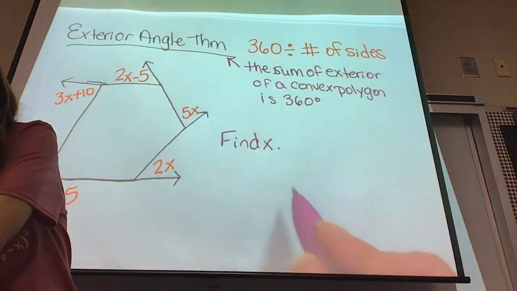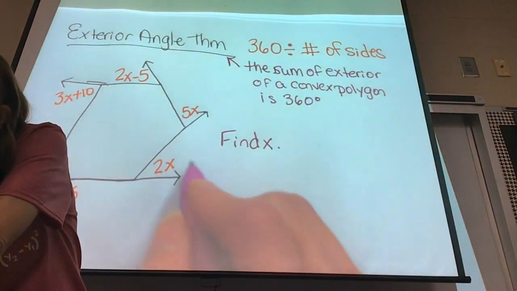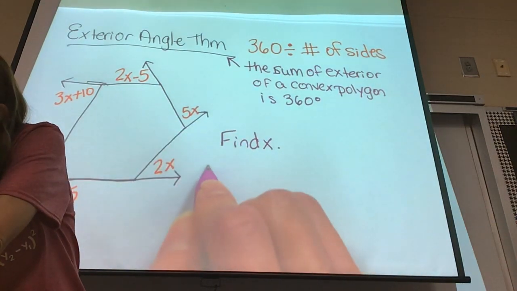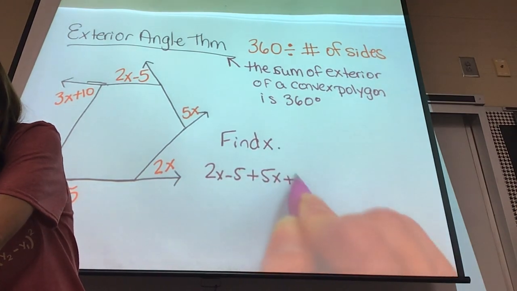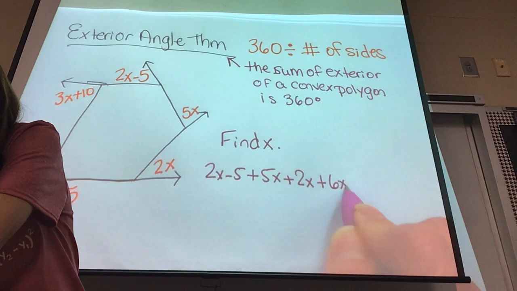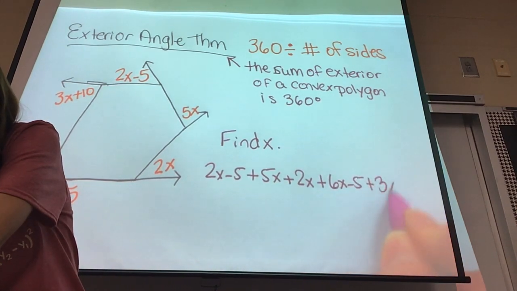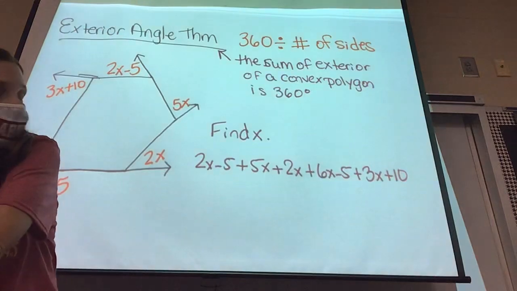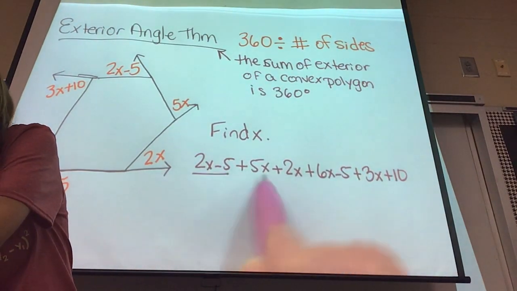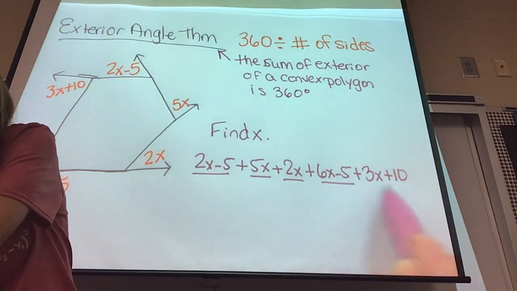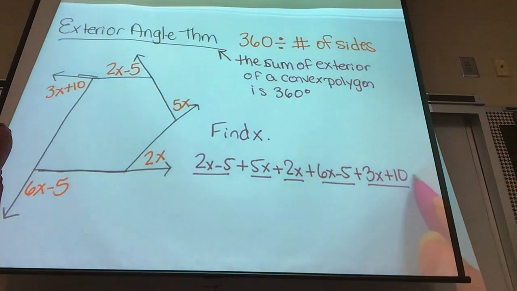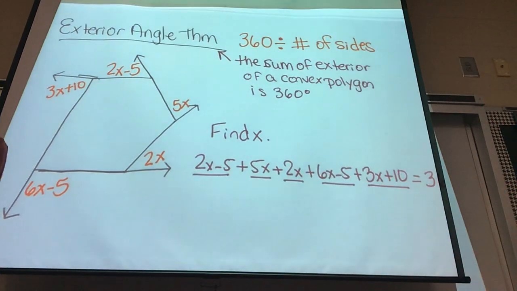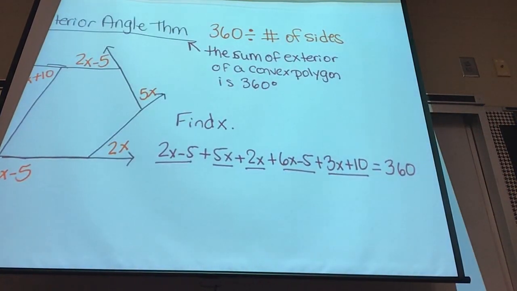I'm going to start at the top: 2x minus 5 plus 5x plus 2x plus 6x minus 5 plus 3x plus 10. I've taken every piece, my 5 pieces, and I'm going to set it equal to 360.